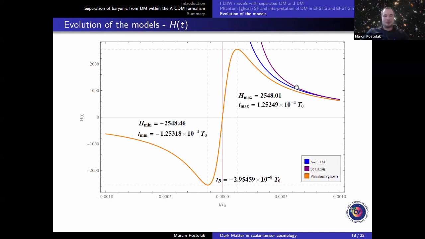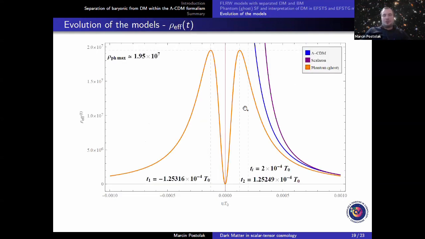and then we tend to the standard Lambda-CDM evolution during cosmological time. Okay, and what is the mechanism which we could treat as the main constituent that gives us the matter bounce? Here you can see the effective phantom energy density. When the universe contracts, you obtain the maximum value of the energy density in the phantom model.